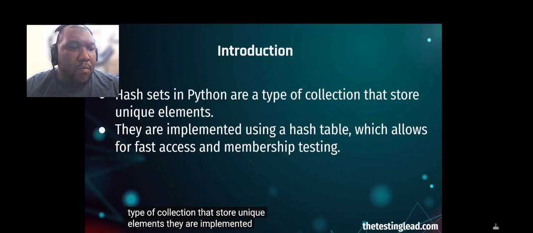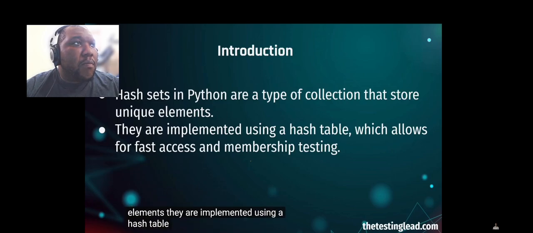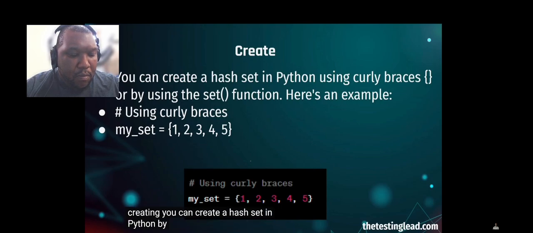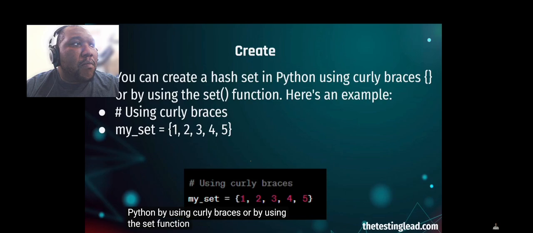They are implemented using a hash table, which allows for fast access and membership testing. Creating. You can create a hash set in Python by using the curly braces or by using the set function.